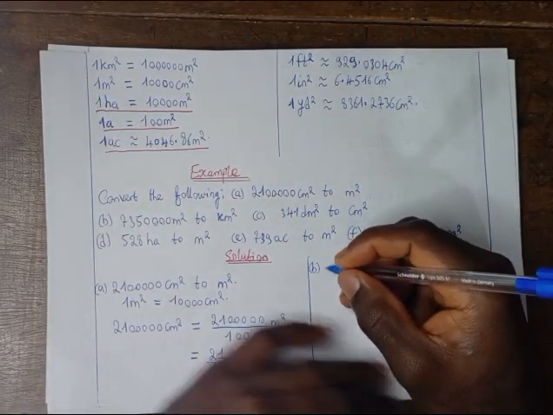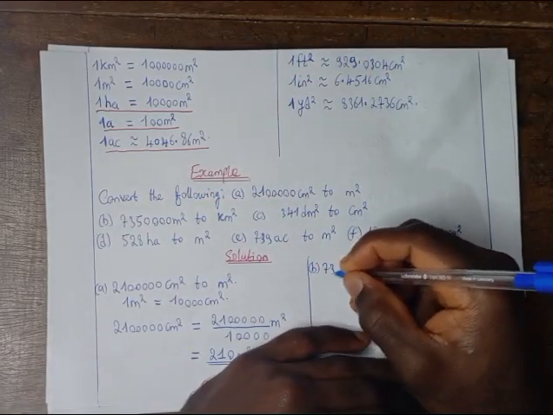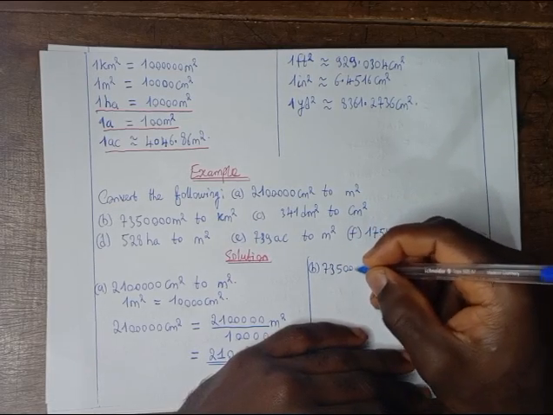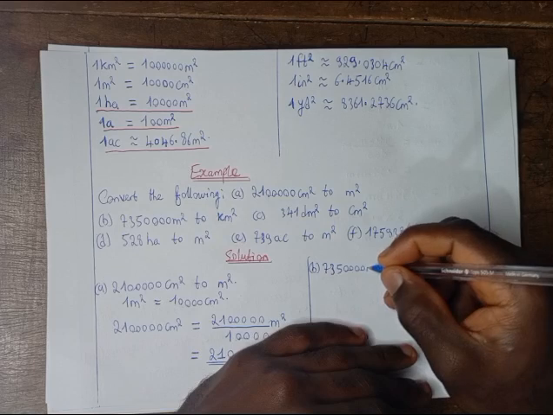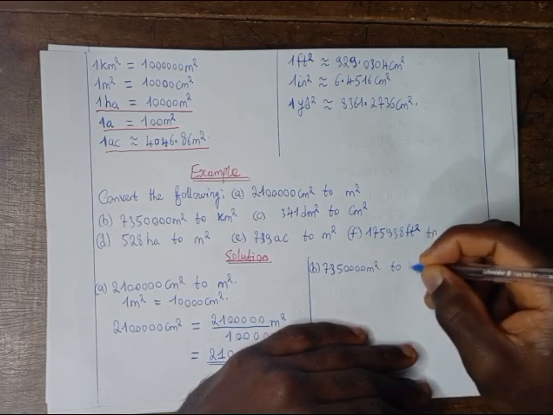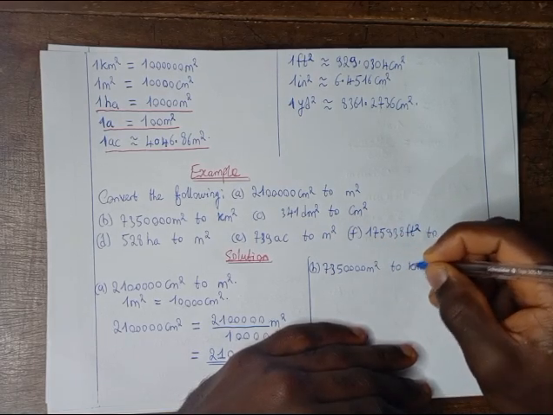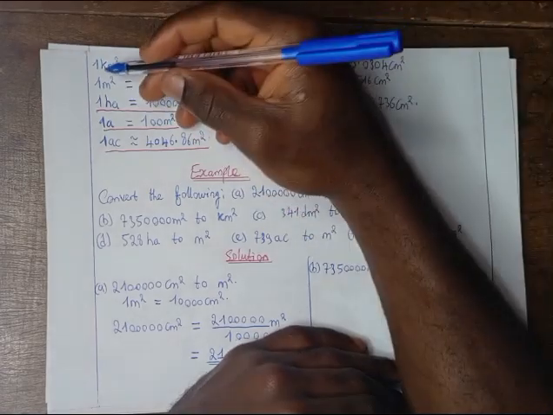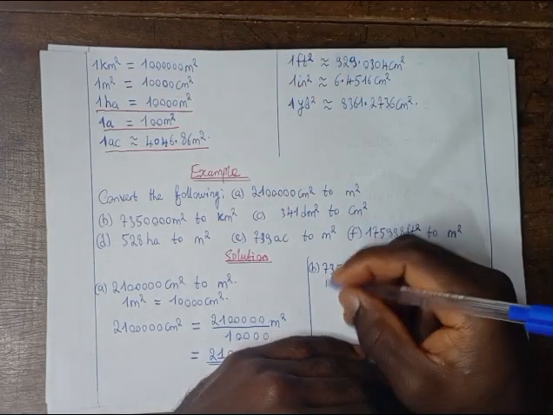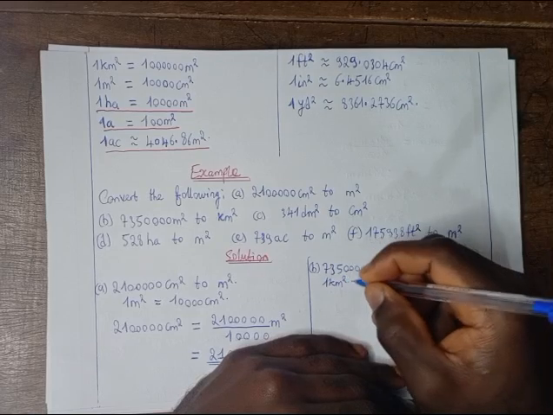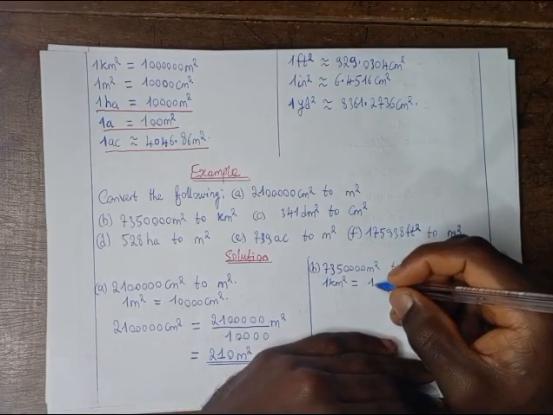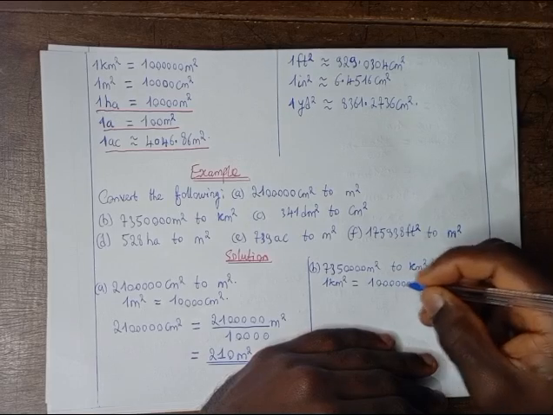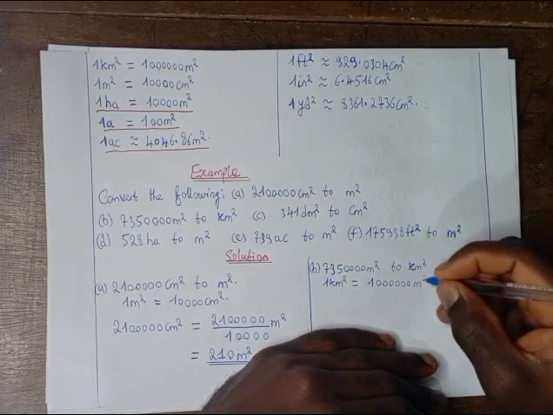For B, we have to convert 7,350,000 meters squared to kilometers squared. First, we know that 1 kilometer squared is equal to 1 million meters squared.